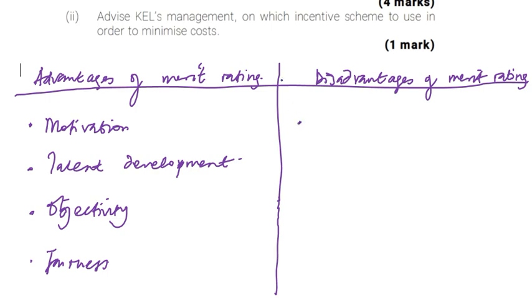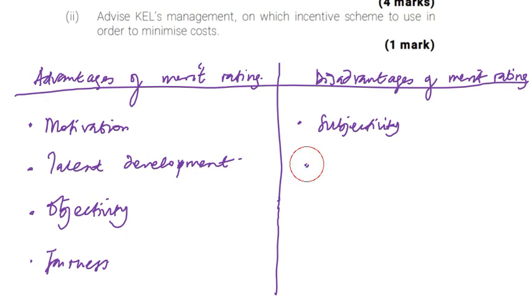We can look at disadvantages like what? Subjectivity. There may be bias in evaluating the performance, as it often relies on the subjective judgments of the managers. So there will be subjectivity.